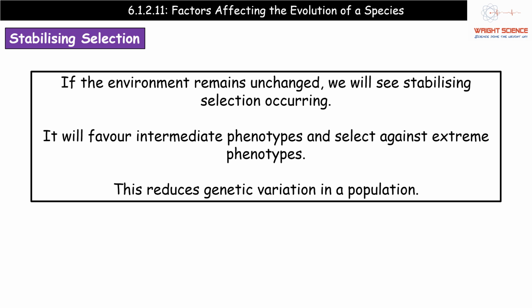Where we're not seeing those dramatic shifts in environmental conditions, we don't really need those alleles that cater for the extremes. And as a result, we are going to see that favouring of the intermediate, the kind of happy medium, if you like, phenotype. And as a result of that, we can actually reduce the genetic variation in a population, because those alleles for the extremes, if you like, are going to be selected against over time.